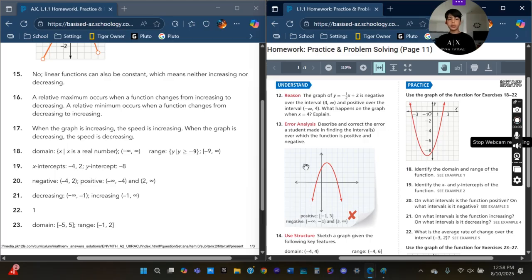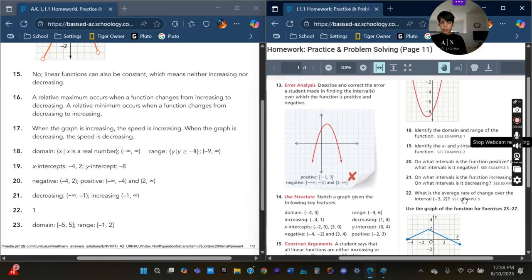The reason we have two for positive is because those two never connect. They just keep on going in the opposite direction infinitely. But for negative, it's a parabola. It curves and connects. So that's why there's only one, which is -4, 2. And for the positive, there's negative infinity to -4, and 2 to positive infinity.